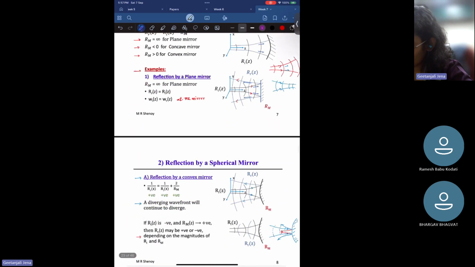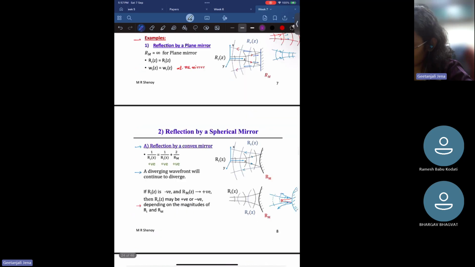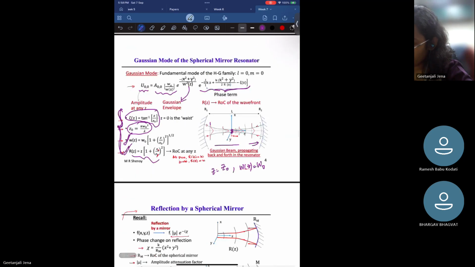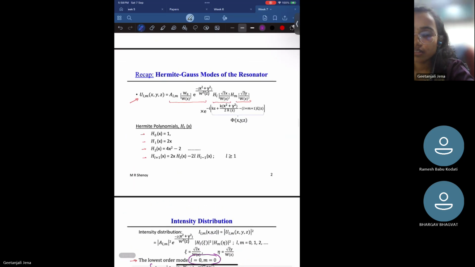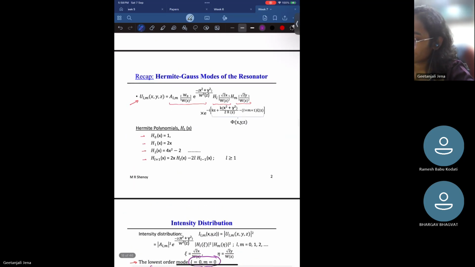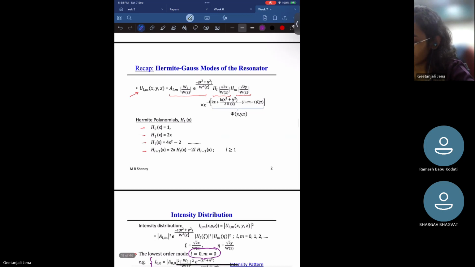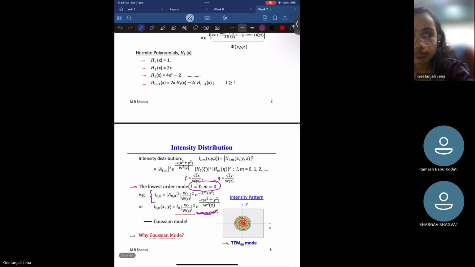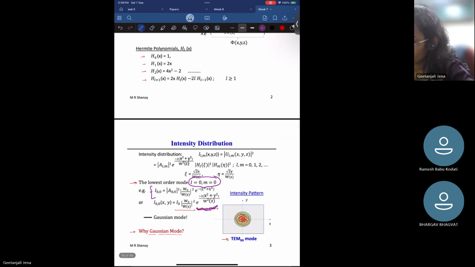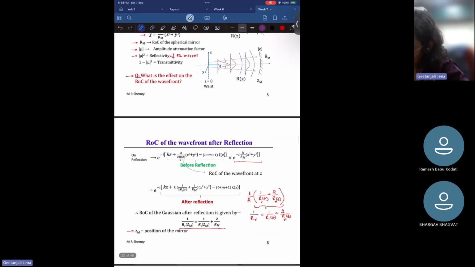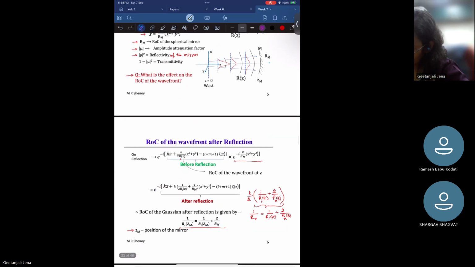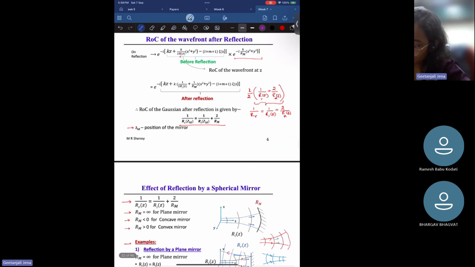So we'll see all this in our next section. Okay, if you don't have any doubt, then let us quickly see. No, better to discuss all this in the next section only.